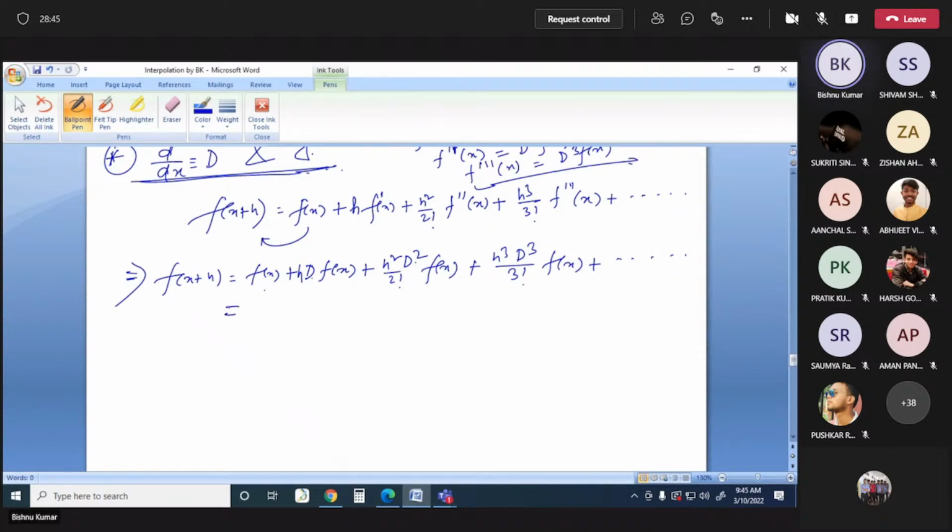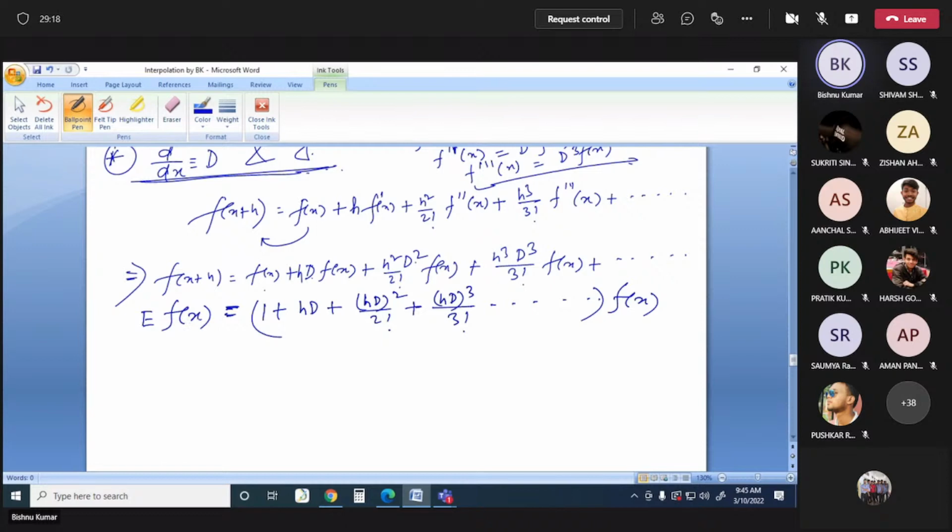So try to write this as 1 plus h D plus h D square by factorial 2 plus h D cube by factorial 3, this way outside f x. And E of f x is f of x plus h.